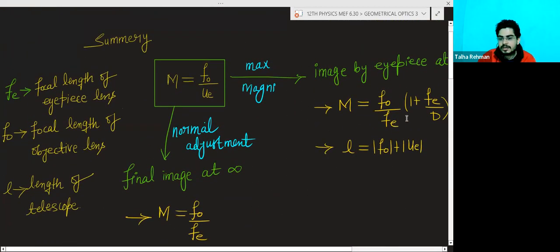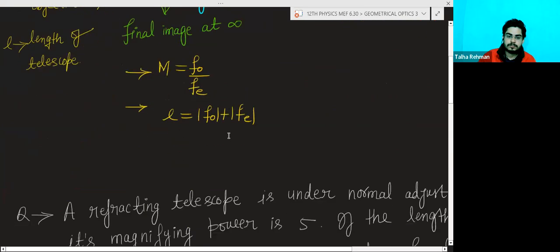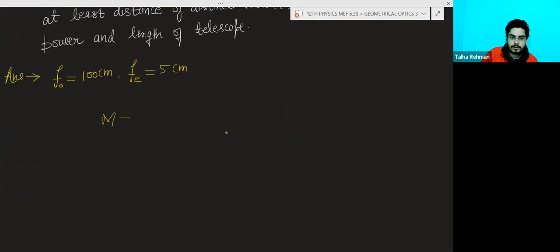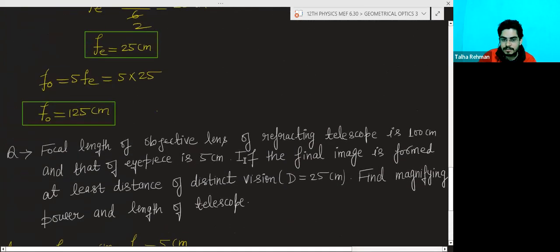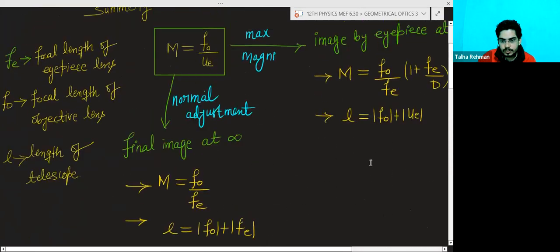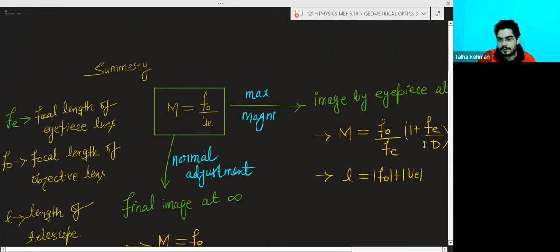FO by FE times 1 plus FE by D. This is the magnifying power in case of the maximum magnification, when the image is forming at D.